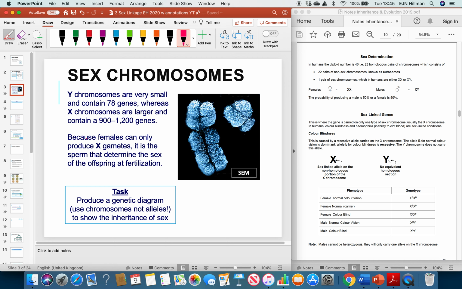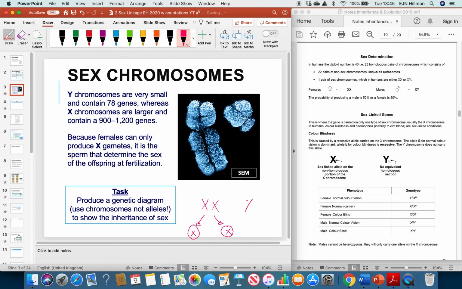So, because females can only produce X gametes, i.e. a gamete which contains an X chromosome, because obviously a female is XX, after meiosis, those X chromosomes will be separated into the gametes, like so. Okay, so each of the gametes will contain an X chromosome. So it is the sperm, really, then, that determines the sex of the offspring after fertilisation.